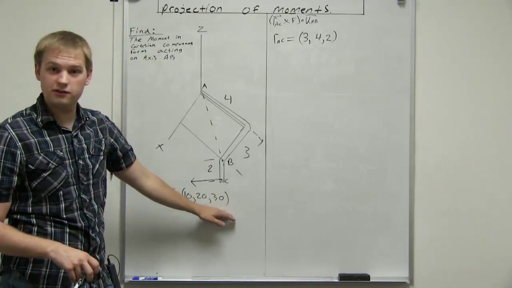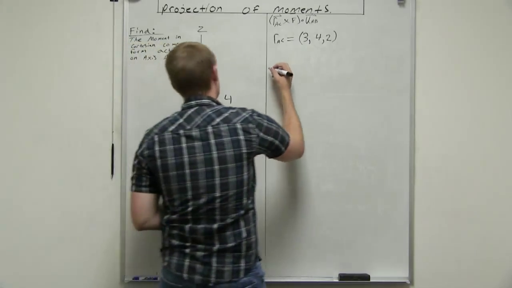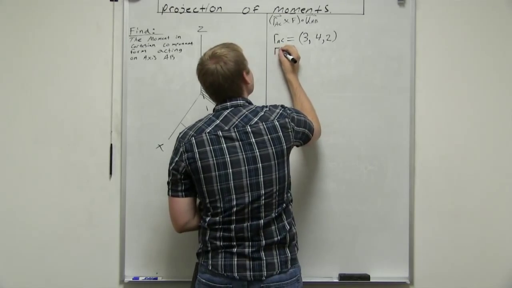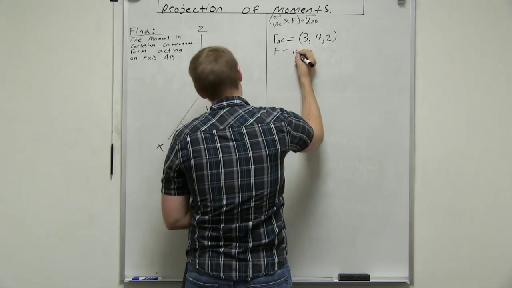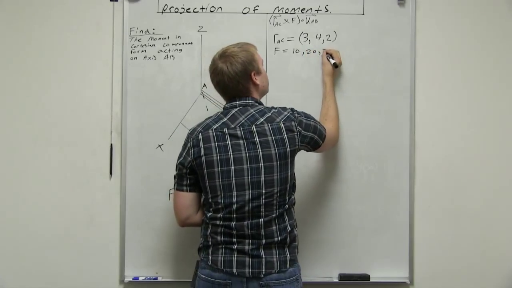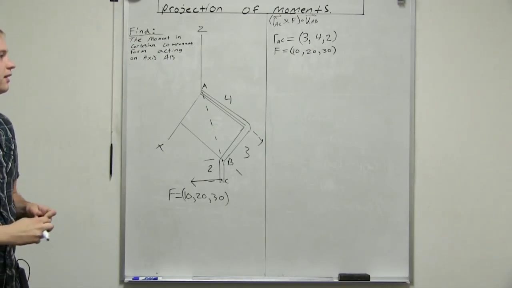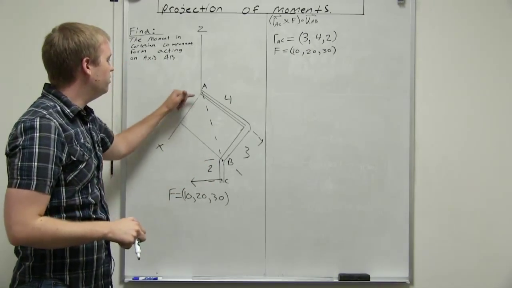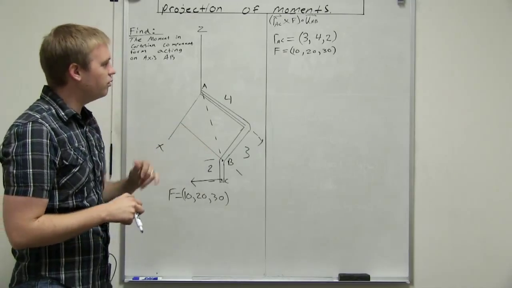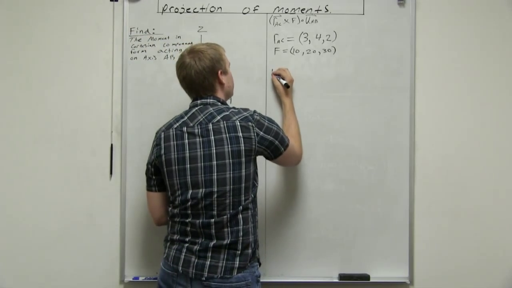We also have the force given in Cartesian components because I want it to be simple for us. So the force equals 10, 20, 30. Okay. So that's the easy part. Those are done. Now let's do the unit vector from A to B. Before we can get the unit vector, of course, we need the position vector.